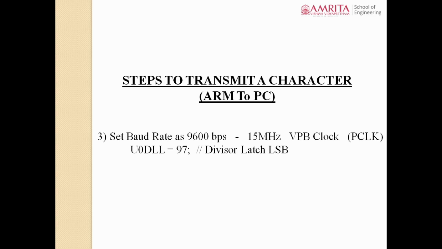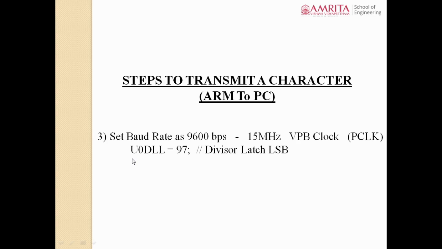So next step, we are going to see how to configure the baud rate of 9600 bps. For configuring the baud rate, you have two registers known as U0DLL and U0DLM. U0DLL means UART0 divisor latch LSB register.